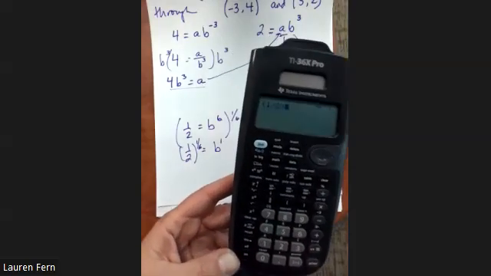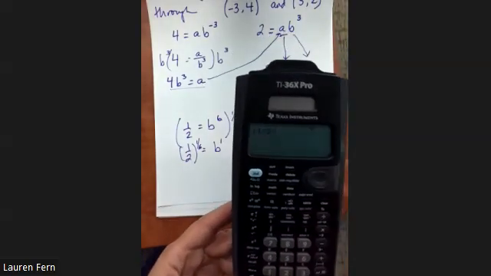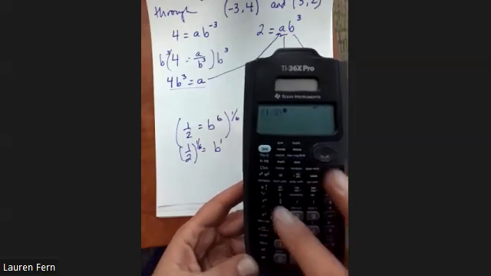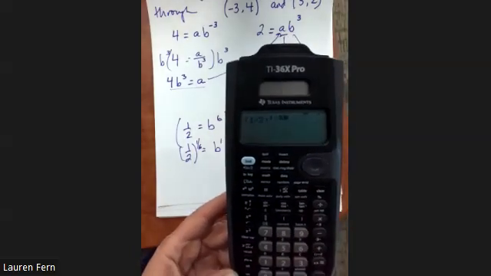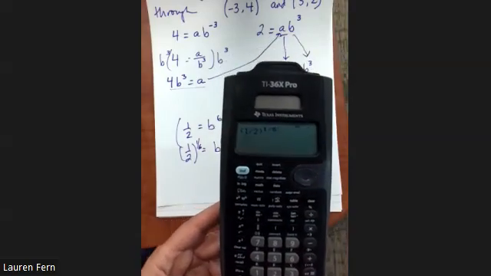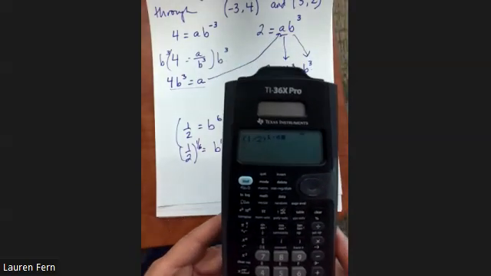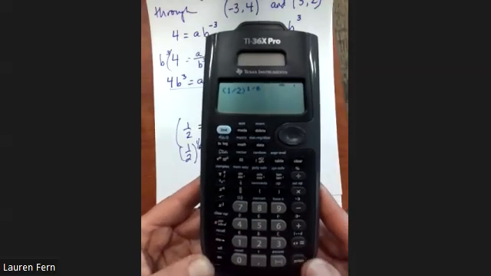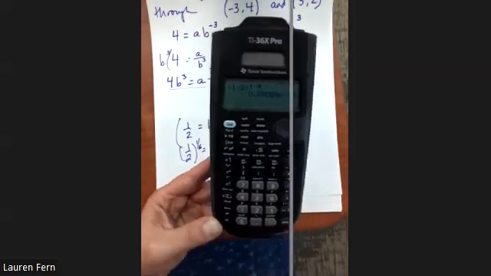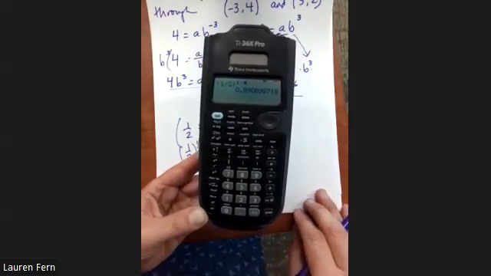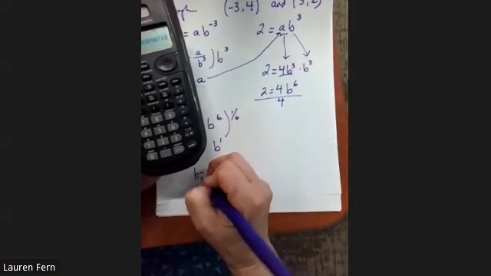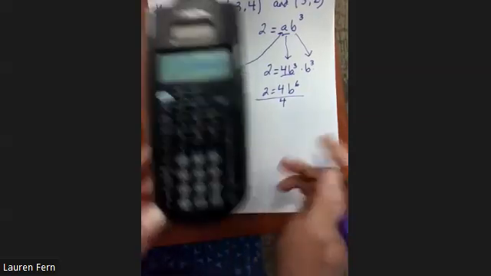I was thinking 0.5, that's why I put in the 5. And then I want to raise that to the 1 divided by 6 power. Okay? And you get this. Now I'm just going to go to 2 decimal places. So do you agree I get b is 0.89?